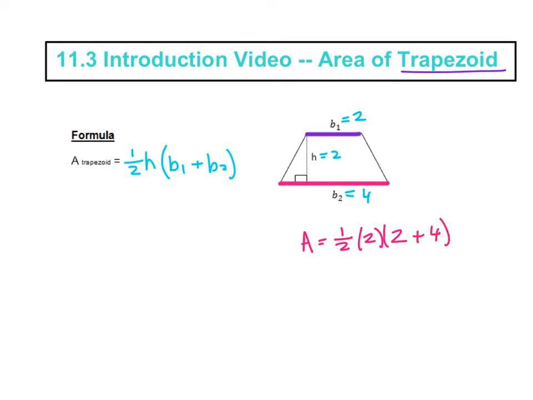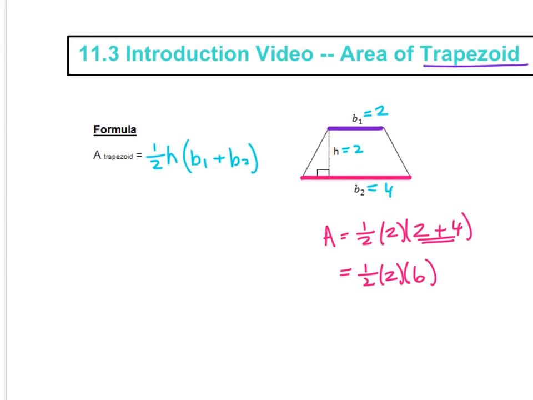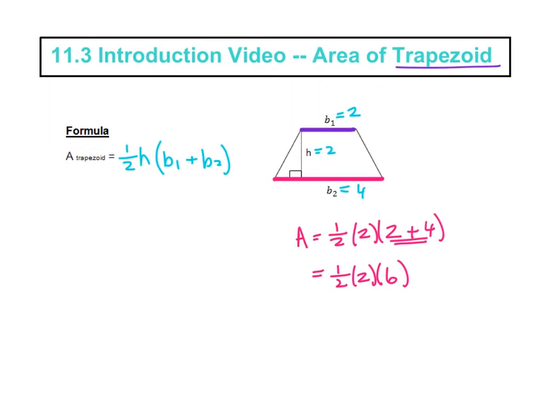Then we simplify. We add the 2 plus 4 together, which gives us 6. Then we multiply: 1/2 times 2 is 1, and 1 times 6 is 6. So we end up with our area equal to 6 units squared.